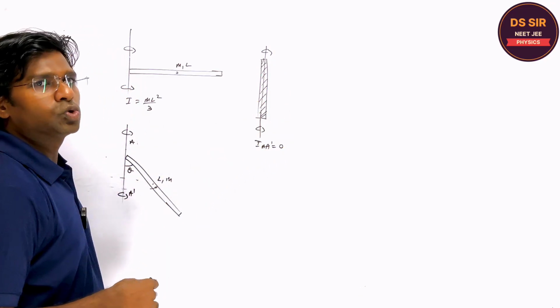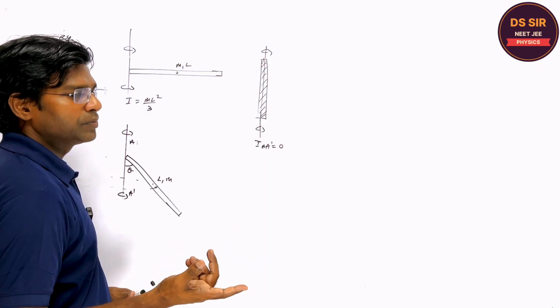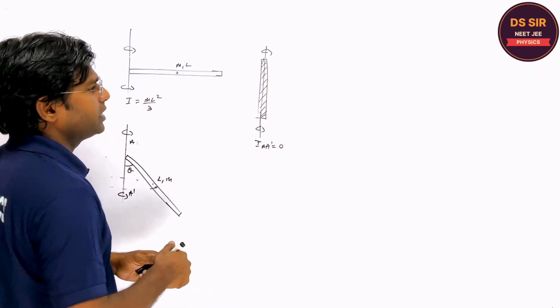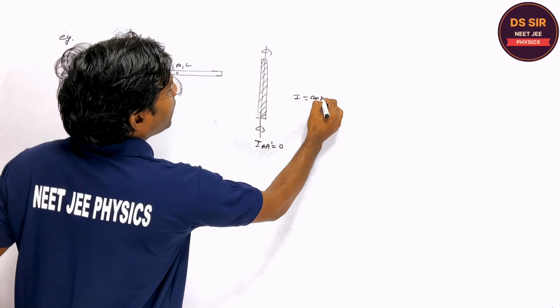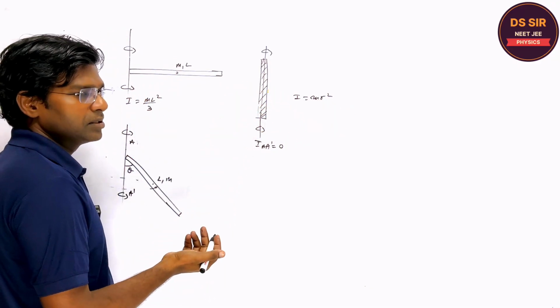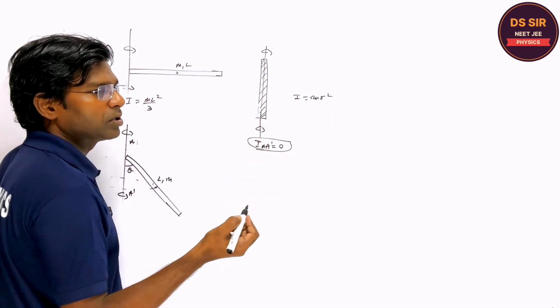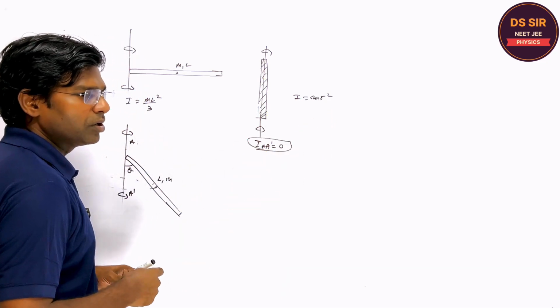Yes, sir. Why is it 0? It is around the axis of rotation. The moment of inertia is mr square, and if all the mass is present on the axis, so what is its r? Say 0. So moment of inertia will be 0. Are you getting or not?